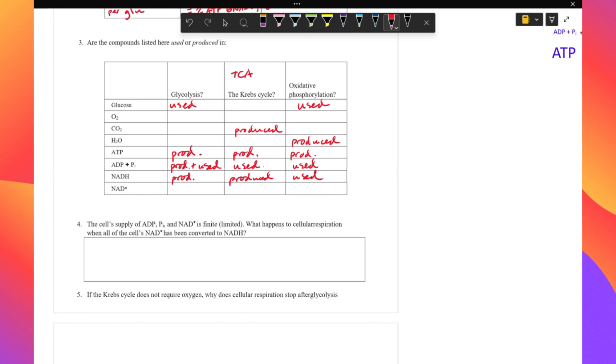So NAD plus is the product of NADH once that proton is removed. NAD plus gets used as a substrate in each of glycolysis and the Krebs cycle, and is produced in oxidative phosphorylation.